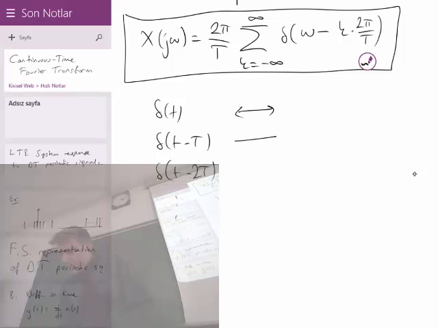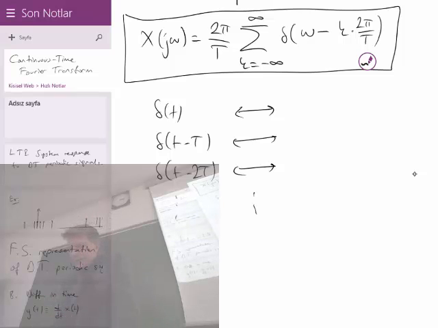I'm going to write the Fourier transforms at the right hand side, one by one. And since the impulse train is a combination of these impulses, the Fourier transform from linearity will be a combination of the Fourier transforms at the right hand side. That's also an alternative way of attacking the same problem.